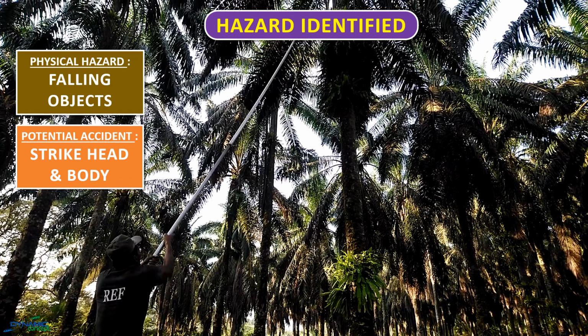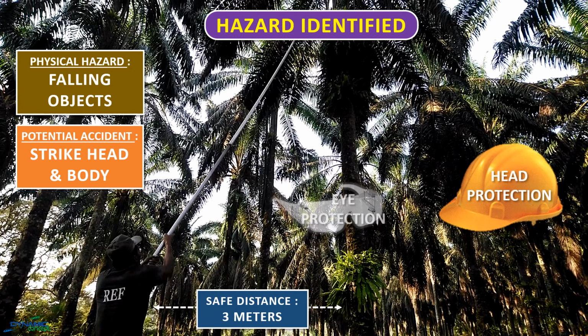Falling debris also can cause eye irritation and pain. To prevent this from happening, keep a safe distance of at least 3 meters from the tree. In addition, wear a safety helmet and safety glasses to protect from injury caused by falling loose fruits and debris.